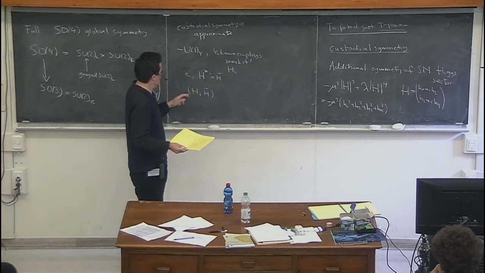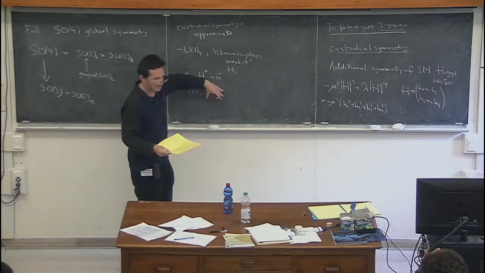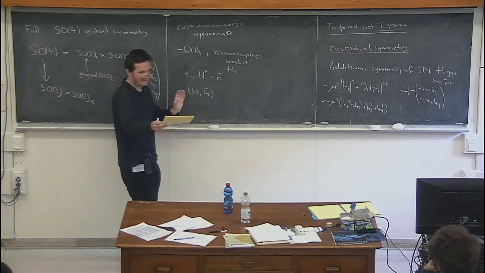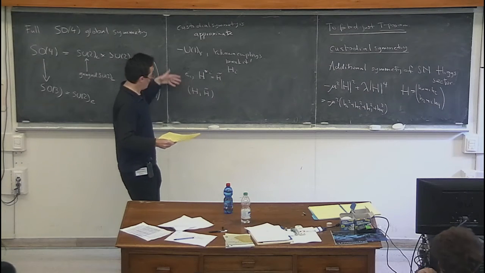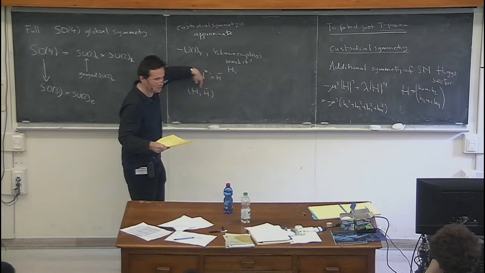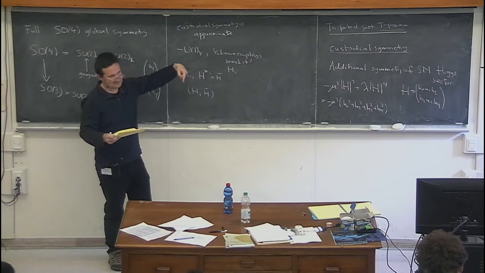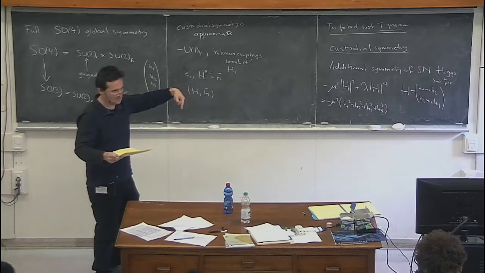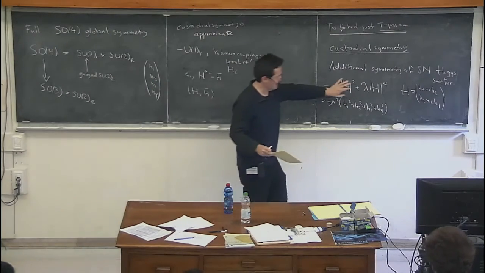The point is that H and H tilde you can arrange as a 2 by 2 matrix, and now you have exactly the story you were interested in. From the left, both of them transform with SU2 left. But when you mix up these two, the H and the H tilde, that is now a global symmetry. That's the SU2 right.